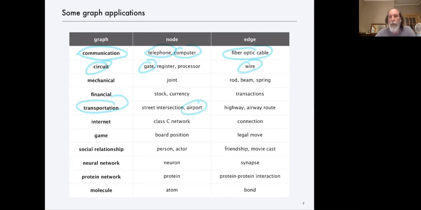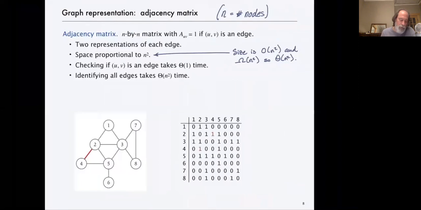For example, airports are nodes, and edges represent flights between airports. And various kinds of social relationships. You might have people, say, actors as nodes, and an edge between two nodes if those actors appear together in a movie. And lots and lots of other things.